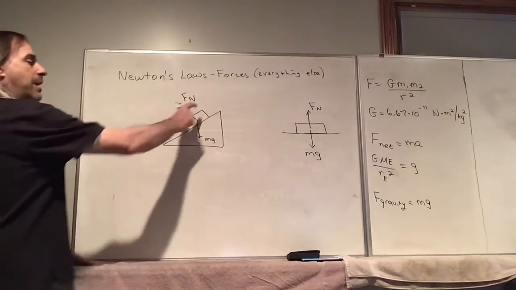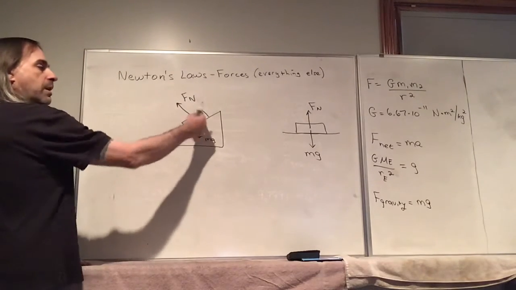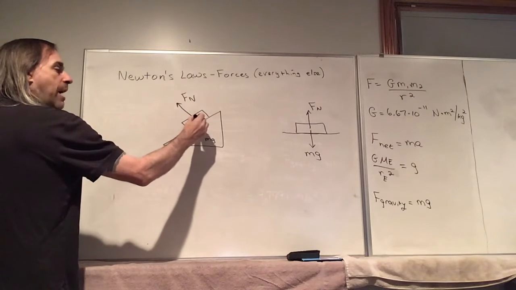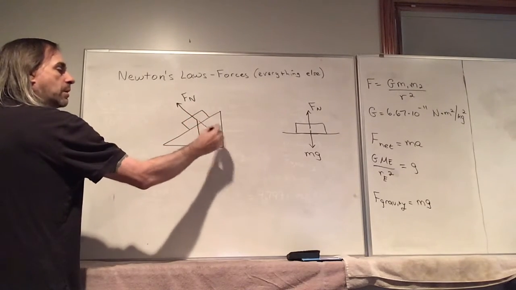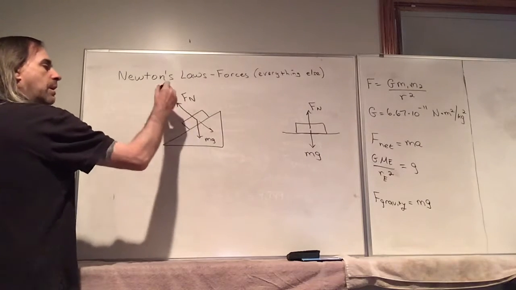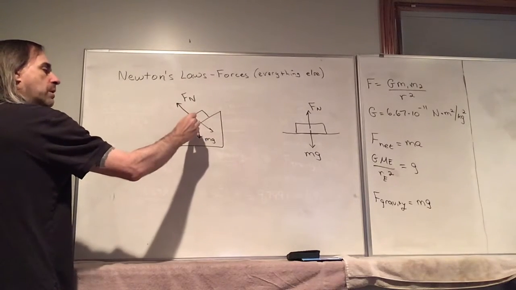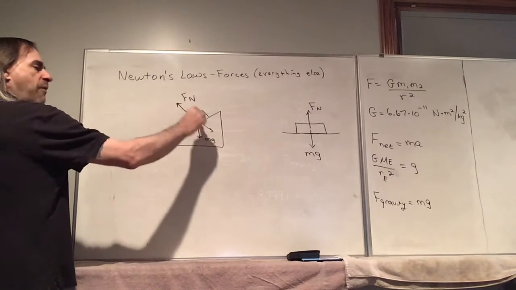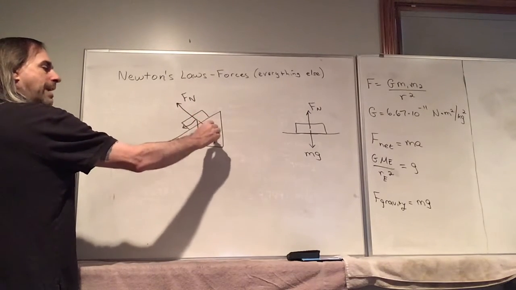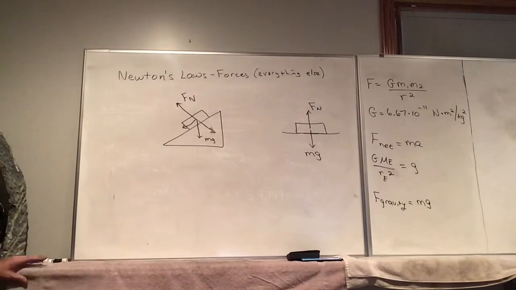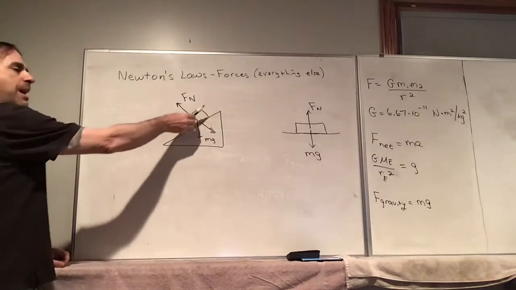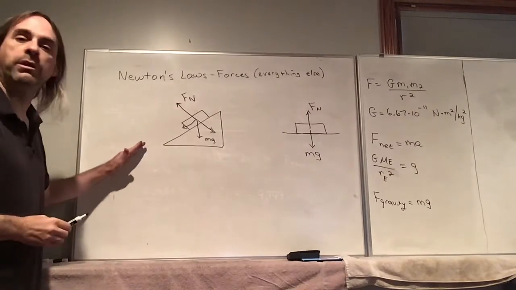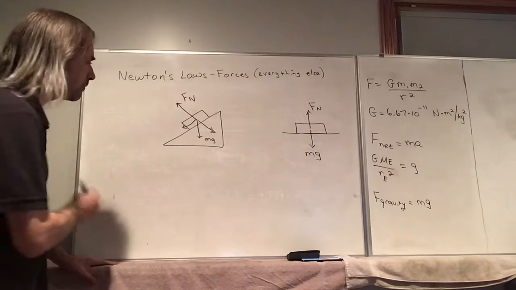Gravity is trying to pull this down, but because it's on an inclined plane, we can break gravity up into components. We have a component parallel to the normal force and one perpendicular to it. The normal force is going to cancel out this component of gravity, but there's going to be a component of gravity down the incline that's going to cause it to accelerate downwards.